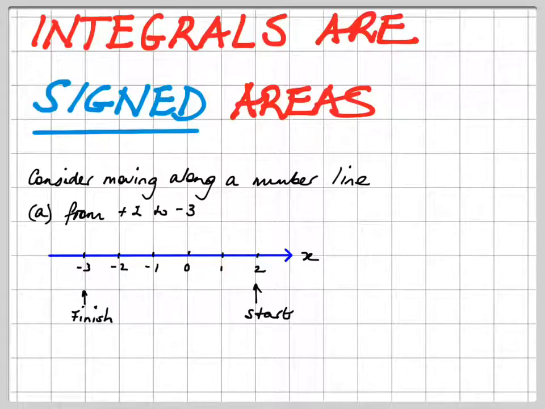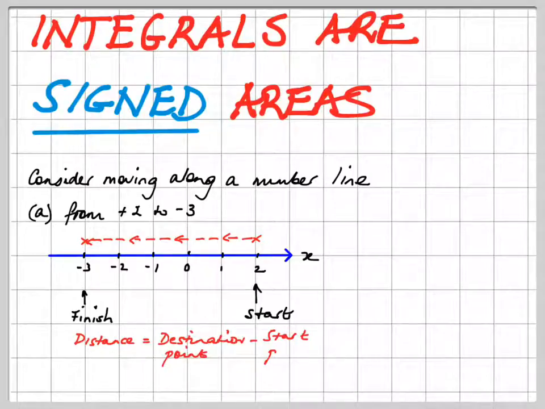Made up your mind? Right. Well, if the sign is important, which believe you me it is, we are going from plus 2 to negative 3. And what I'm saying is the distance travelled is the destination point minus the starting point, right? That's what you need to keep in mind. That's equal to negative 3 take positive 2.